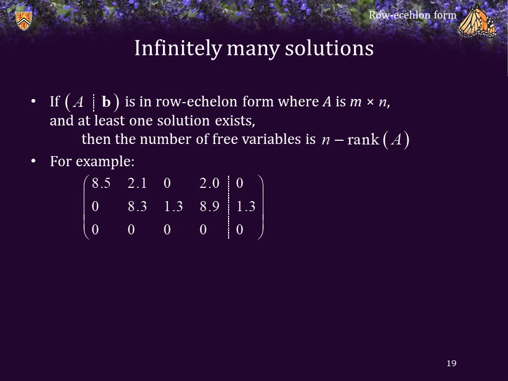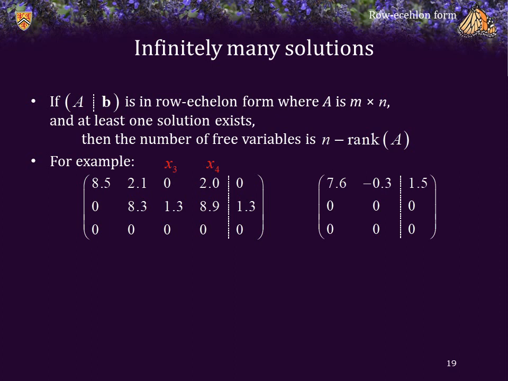The number of unknowns is 4, so 4 minus 2 is 2, and therefore there are 2 free variables. We will associate free variables with each column that does not contain a leading non-zero entry. So thus, x3 will be a free variable, and so will x4.